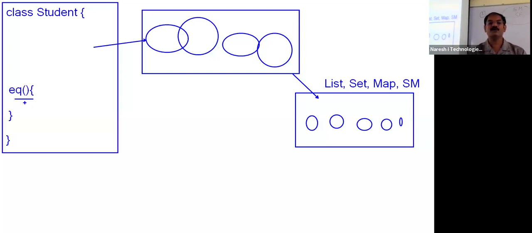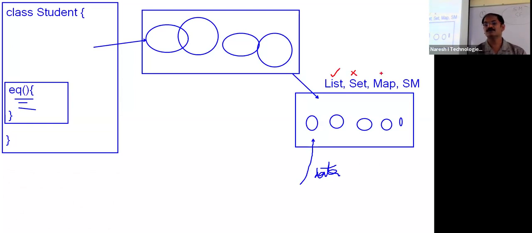Tell me, if I override the equals method, objects are searched by what? Data. But if I only override the equals method, it is compatible to store and search in which collection? List. Not suitable to store in set or sorted. Understand? Why?